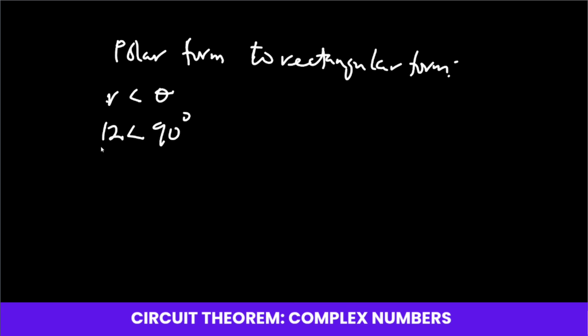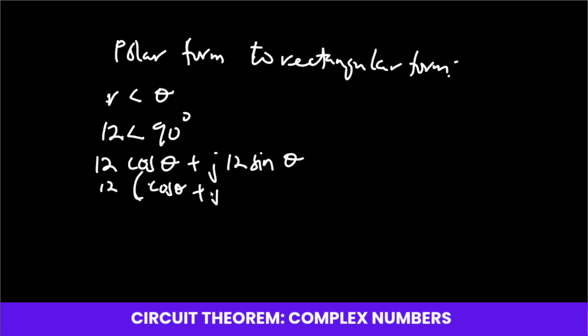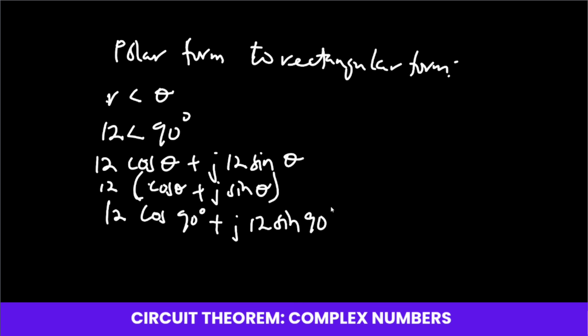All we need is that we write this in this form: 12 cos theta plus j 12 sine theta. You can decide to bring 12 out and say 12 times cos theta plus j sine theta. They are all the same in the rectangular form. So our theta here is 90 degrees, giving 12 cos 90 degrees plus j12 sine 90 degrees.